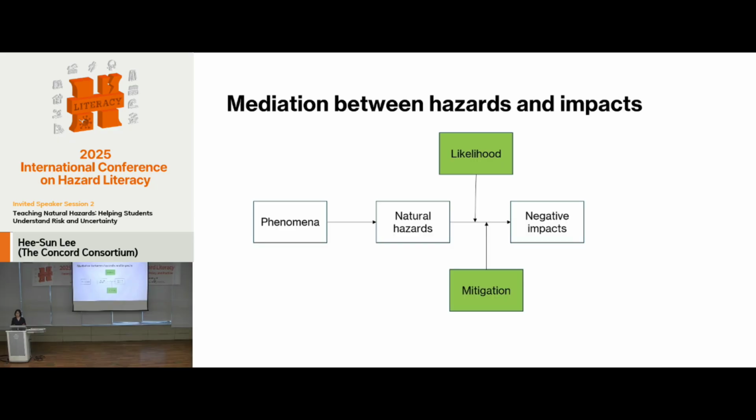And even though natural hazards are coming, a hurricane says it's coming this way and suddenly veers to another, it happens all the time. Then the likelihood becomes zero, and negative impacts are not going to happen. So we must also address likelihood of the event as well as the kind of mitigation strategies that we can put in the face of a coming natural hazard. So we had to address these two additional elements in hazard teaching.